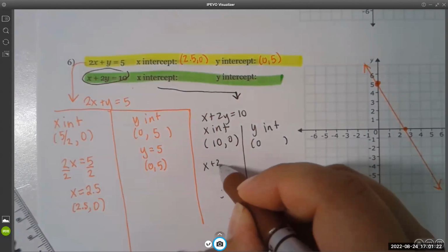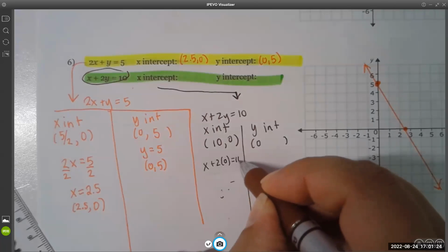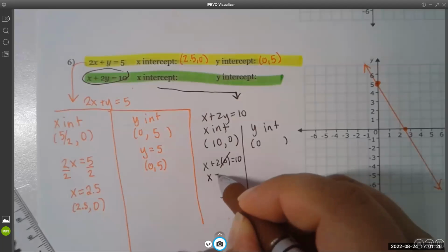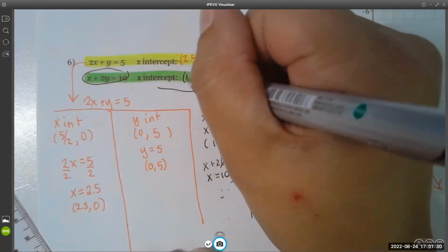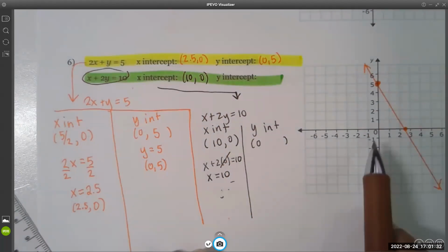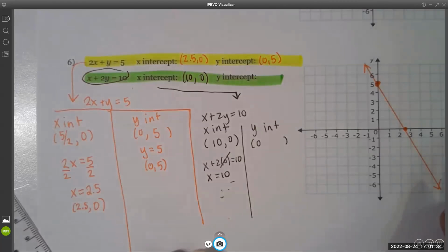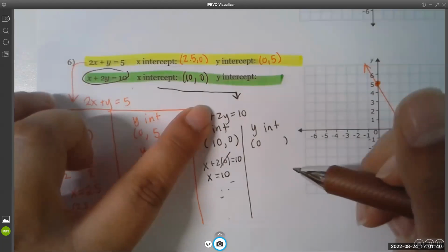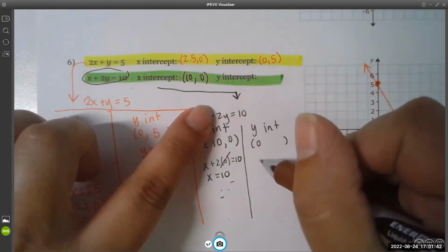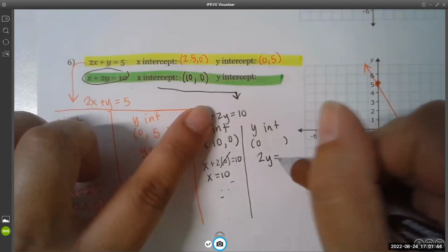X plus 2 times 0 equals 10, and then this just fades away. Now, this is a problem for me. That is the correct x-intercept, but I don't have a graph that goes out that far. And then the y-intercept is when the x is 0, so that's the one I was doing first. My brain saw it first.